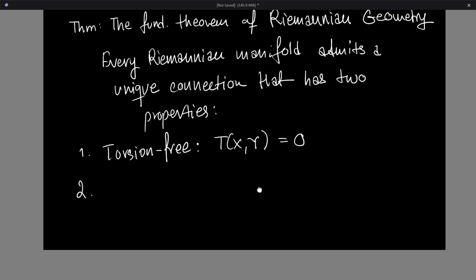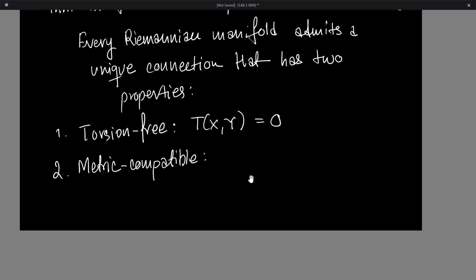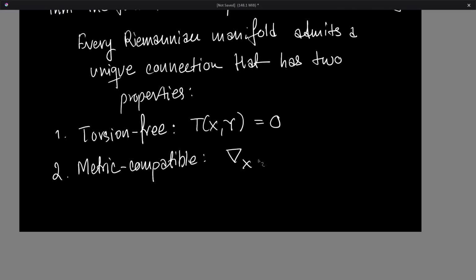And then two, it's metric compatible. We talk a lot about compatibility in differential geometry. In this case, metric compatibility amounts to the idea that the covariant derivative of g is equal to 0, where this is going to be the Levi-Civita connection.